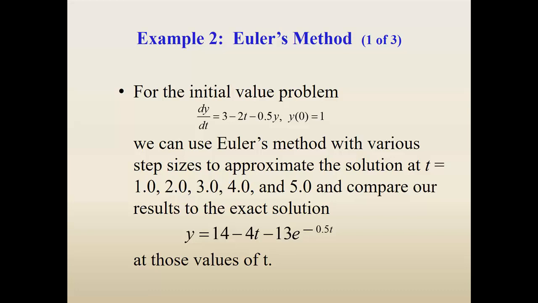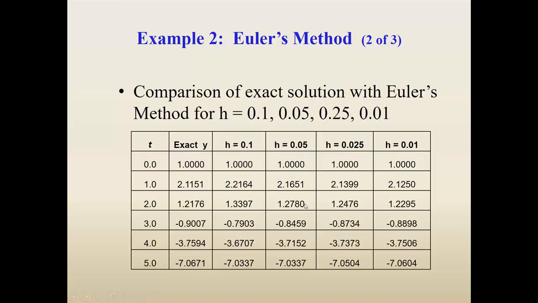And so, watch what happens when I use different step sizes and compare it at t is equal to 1, 2, 3, 4, and 5 with our real solution to the differential equation. Look, even with a time step of 0.1 seconds or 0.1 units, right?